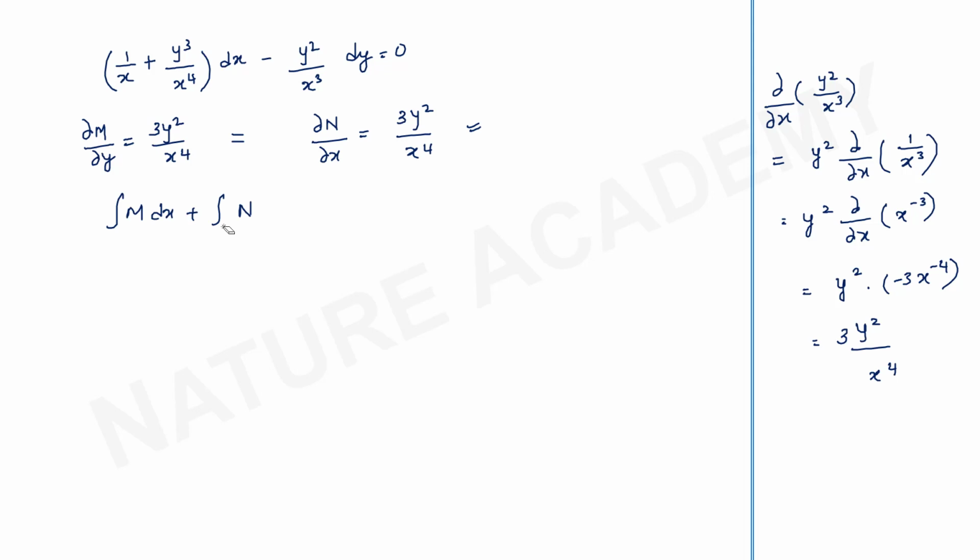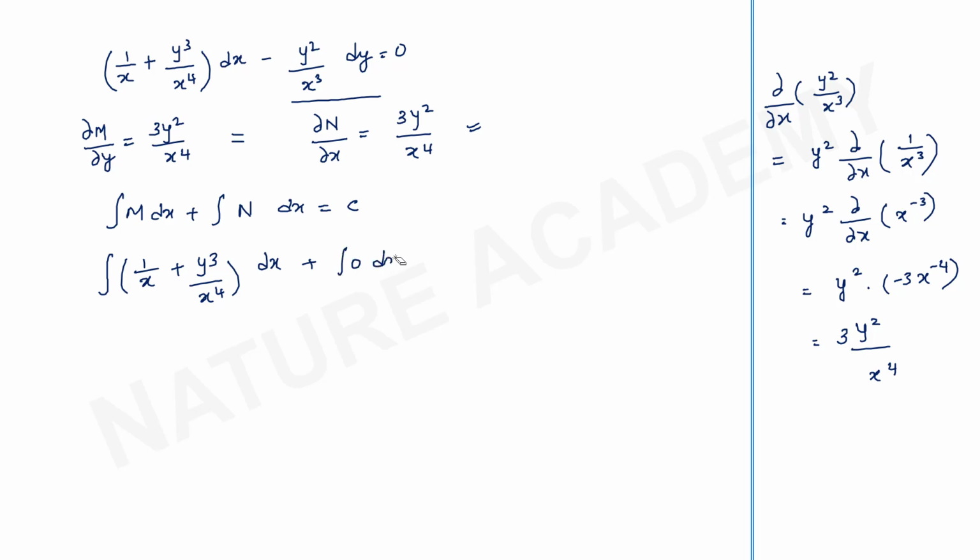So the general solution is integral M into dx plus integral of terms of N not containing x into dx is equal to c. M is 1 upon x plus y cube by x raised to 4 into dx plus you don't have any terms which do not contain x in N. So you write 0 here.